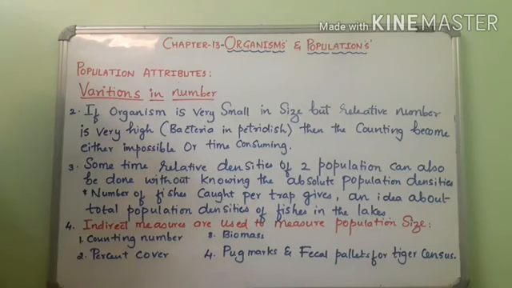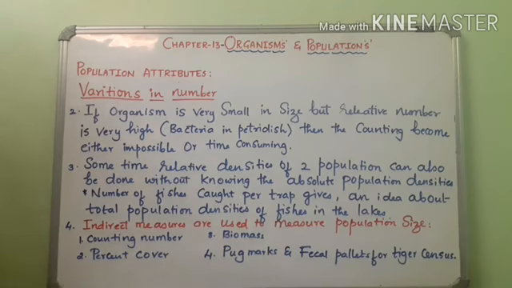In laboratory conditions, we count it by using the colony forming unit, CFU. This colony forming unit helps to calculate the number of bacterial cells in a given culture.